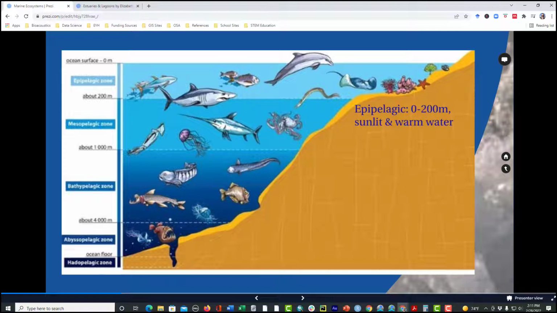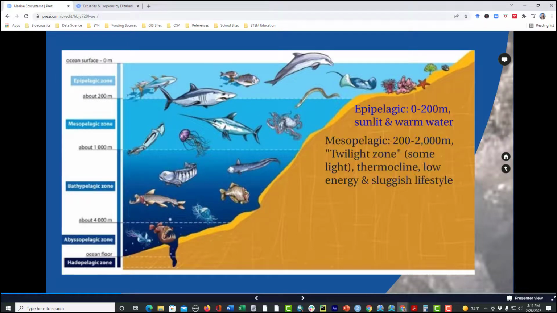The epipelagic zone is going to be in the region of 0 to 200 meters, where the euphotic zone is, right? And that's going to consist of a sunlit region that has warm water. The mesopelagic zone will be from 200 to 2,000 meters, and be considered that twilight zone, where there's some light. So just another type of word or phrasing that we use to describe these different zones.